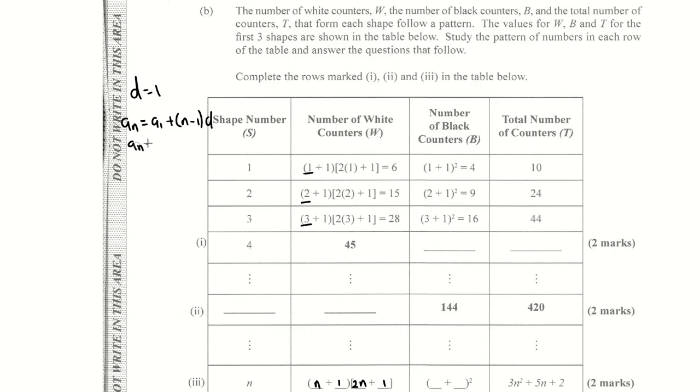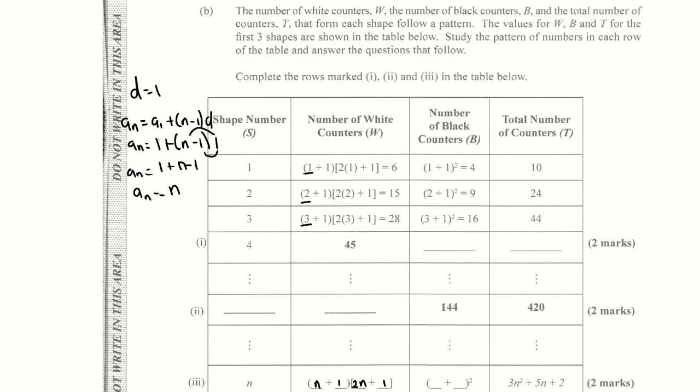So an is going to be a1, which is 1, plus n minus 1 times 1, right? So we are going to get 1 plus n minus 1. When you multiply this here and this here, 1 minus 1 is 0. So an is equal to n.